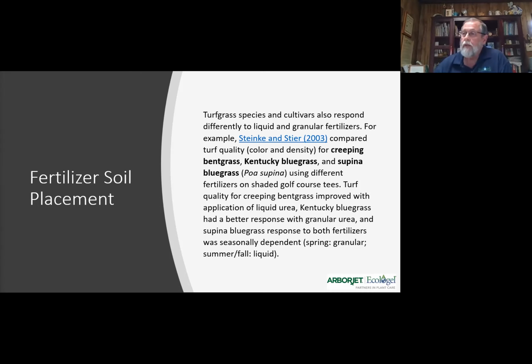And then the Poa supina actually did better with granular in the spring, but did best with liquids in the summer and the fall. So knowing these things helps you in planning your fertilizer to get the most efficiency out of it. What's your species, and what are you growing them for in the time of year?